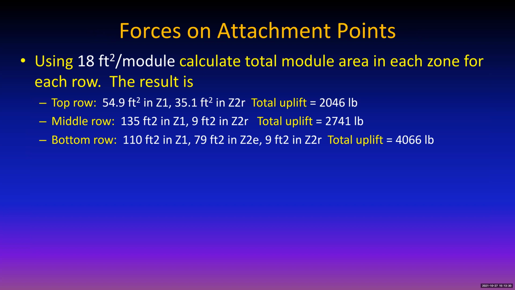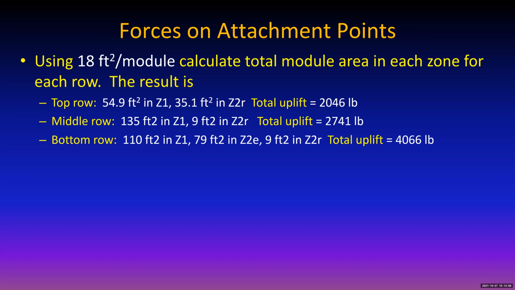Okay, and so what are the forces on the attachment points? Well, if we look at each row, there's 54.9 square feet in zone 1, 35.1 in zone 2R, and that characterizes the top row. So the total uplift on the top row is 2,046 pounds. In the middle row, the total uplift is 2741, and on the bottom row, the total uplift is 4,066.